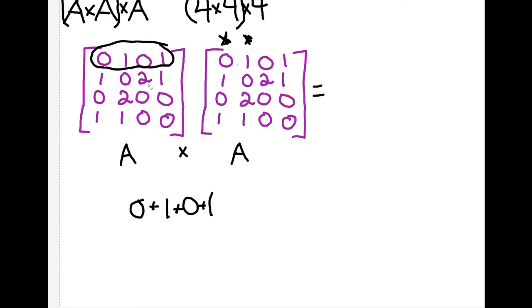First row, second column. 0 times 1 is 0. 1 times 0 is 0. 0 times 2 is 0. And 1 times 1 is 1.